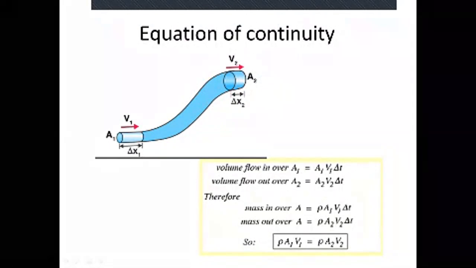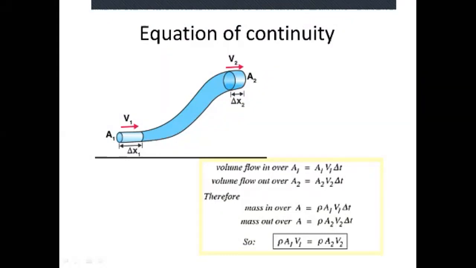The volume flux at A1 should be equal to that at A2, as long as the liquid has a streamline flow, is non-viscous, and is not compressible. So if we equate the volume flux at region A1 and region A2, you can see that the volume flow rate at region 1 is A1 V1 times change in time, and the volume flow rate at region 2 will be A2 V2 delta T. If we equate these two, we can show that A1 V1 is equal to A2 V2.